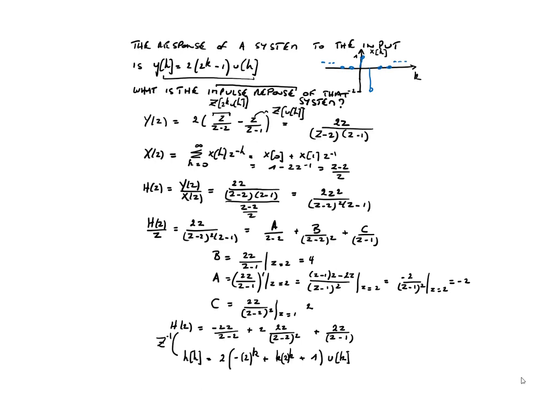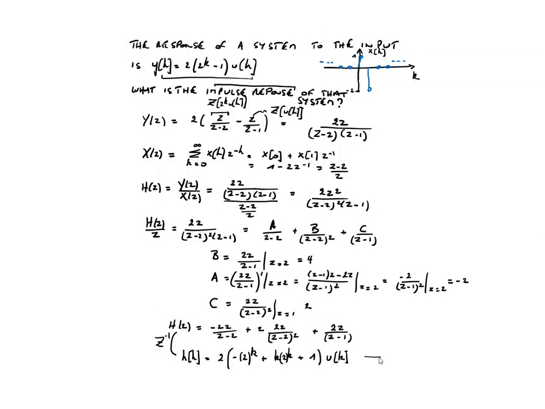You know that I'm a big fan of testing or checking things. I would like to check if this is correct. Remember here that the input to the system is shown over here, but you can also write it as x of k. Well, it's a delta, a unit impulse, and a delta of amplitude minus 2 shifted to the right.